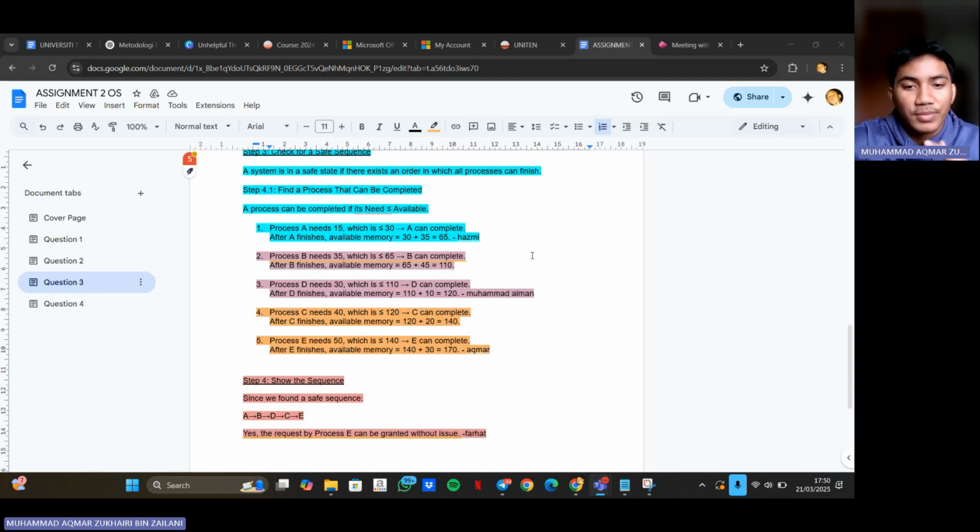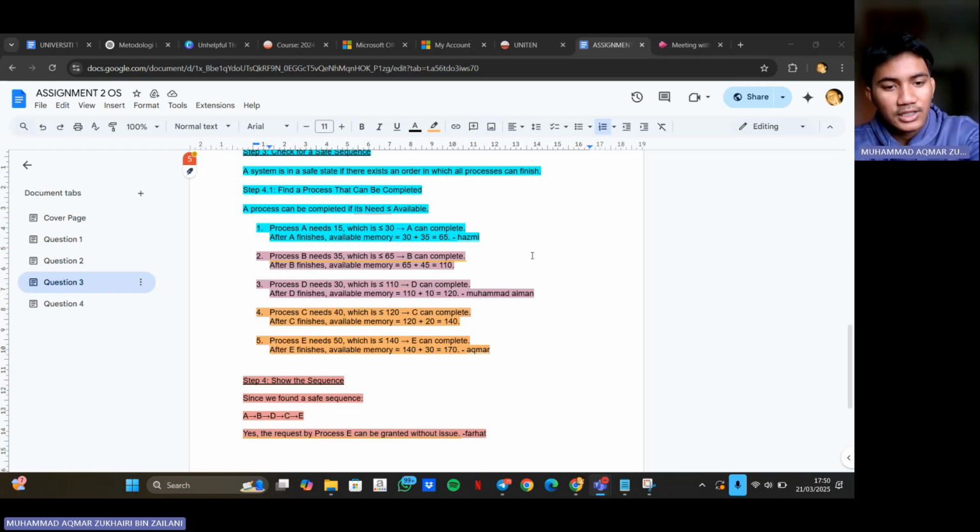So C can complete, because 40 is less than 120. After C completes, its allocated items are added into the available items, so the new available becomes 140.